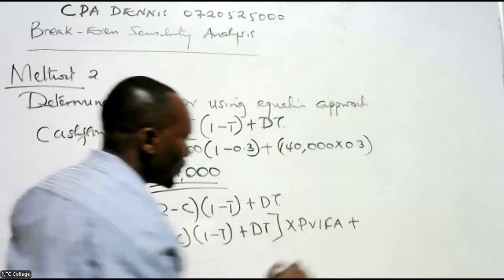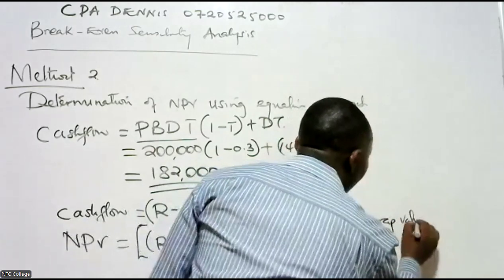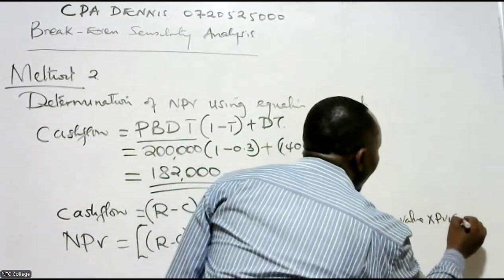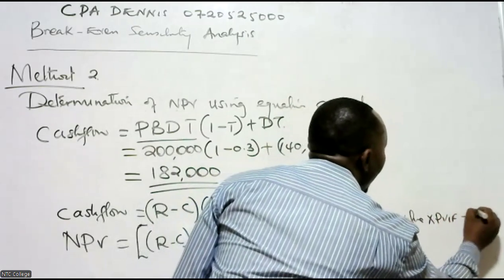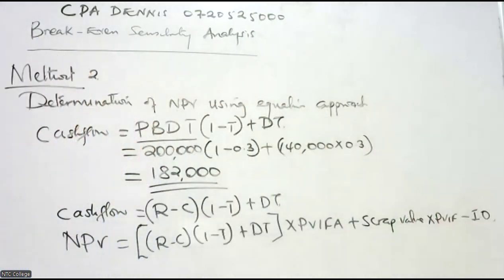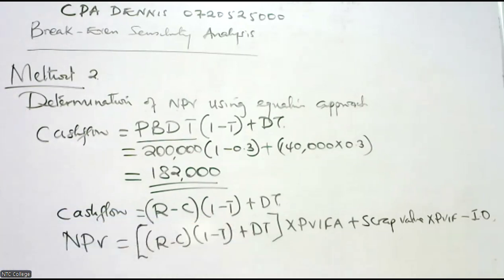Scrap value, which was 80 times PV factor. Then you can now remove the initial outlay. Still, it makes sense, right? I don't think that I've done any mistake there, but check for me. I've just made it have some sense.